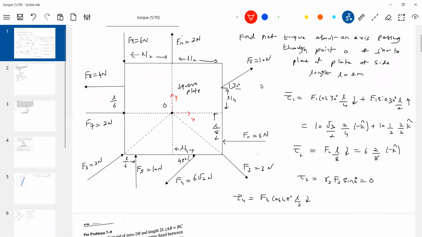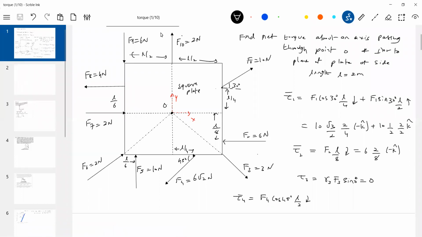If you can understand, this is a very simple idea-based problem. Similarly, let's go for clockwise.